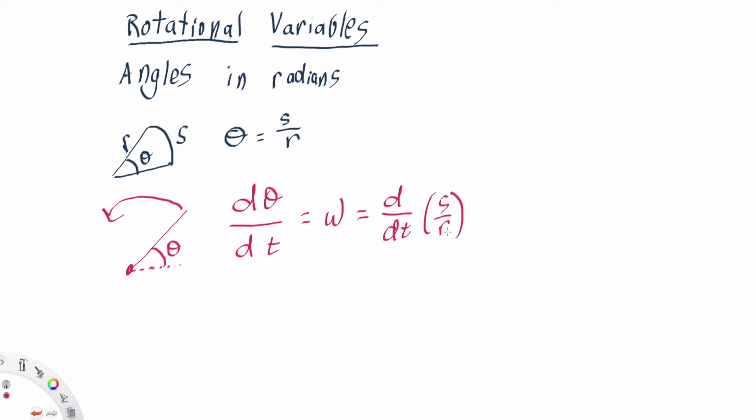Assuming we are staying on a circular path, the radius isn't going to change, so we can factor that out. And what might we call the change in this arc length over time?